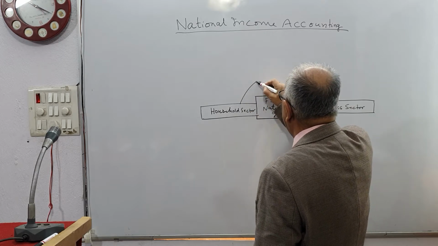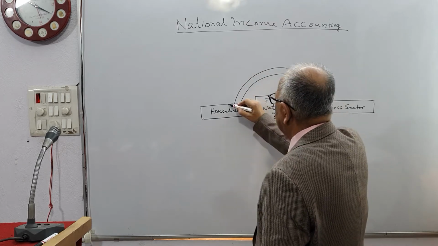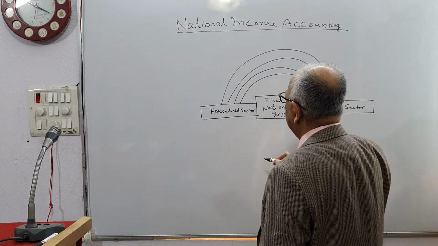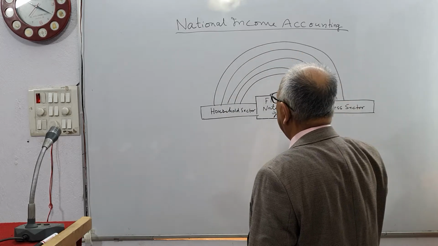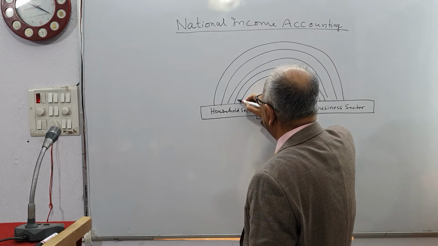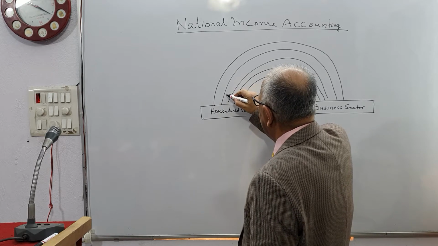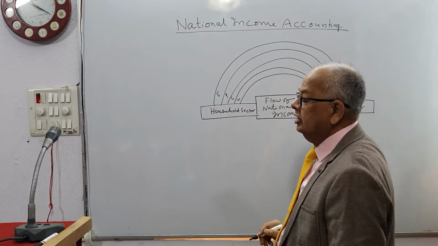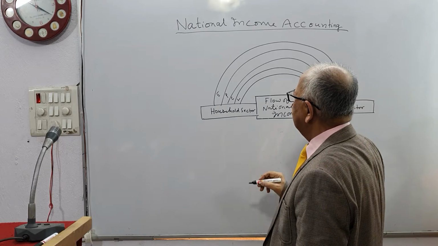So there is a curve like this, curve like this. Suppose this is labor services, capital services, property services, entrepreneurial services. L means labor, C means capital, P means property, E means entrepreneur.